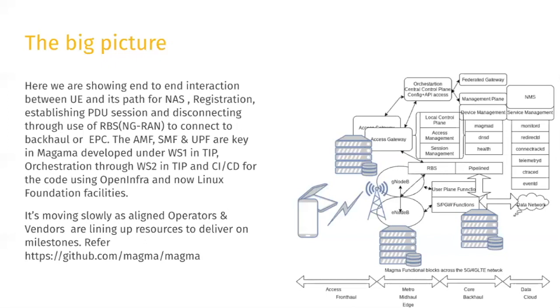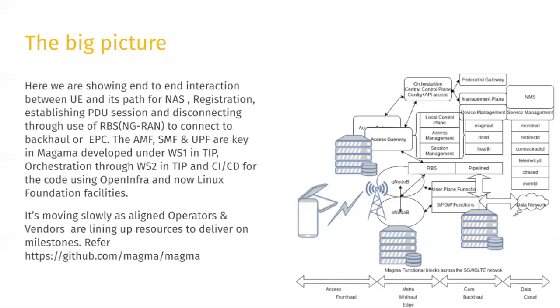And then these were developed with TIP workstream 1, mostly focused on the source code migration from the PGW, SGW to the user plane function, the access management function and the session management function.